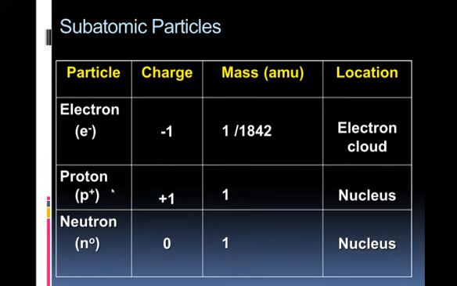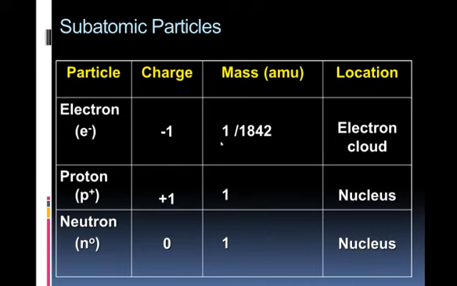Next is proton, abbreviated with a p with a plus symbol. It has a charge of +1. And again, when we start talking about charged atoms, ions in particular, you'll start understanding what that +1 means. It does have a mass of 1 AMU.